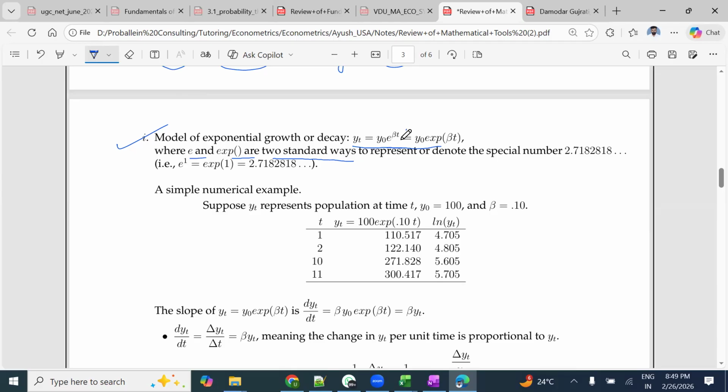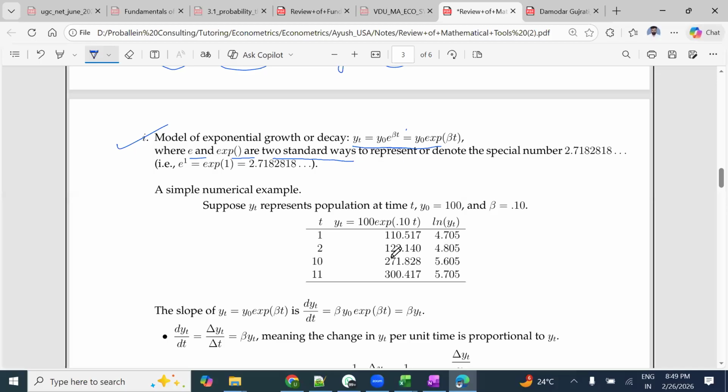Basically, what we are trying to show here is that our initial population starts with, let's say, 100, and our beta is 0.10.